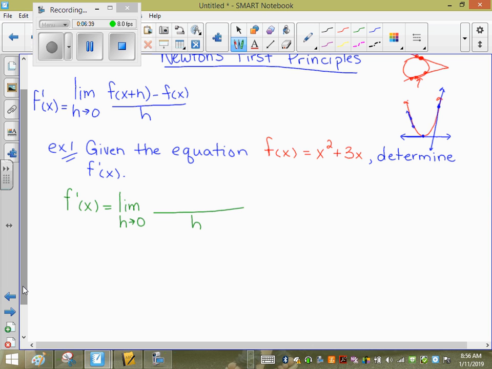So if I say f of x plus h, we're actually going to take x plus h and fill it in for all the x's in f. So we are going to get, off to the side, I'll write it out so you can see, f of x plus h equals x plus h squared plus 3 times x plus h. Right?